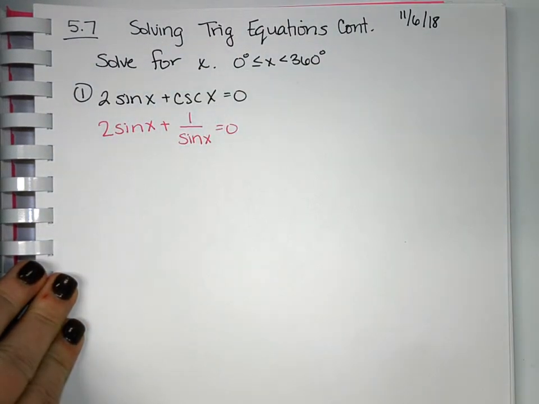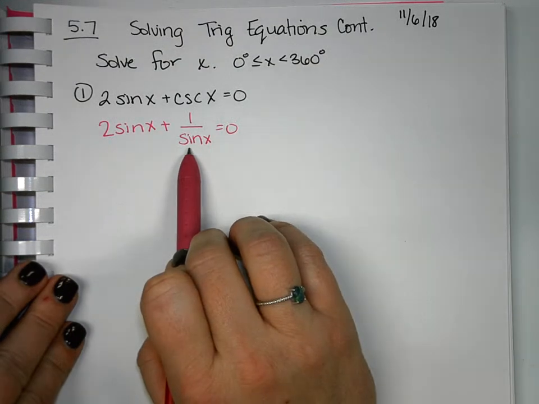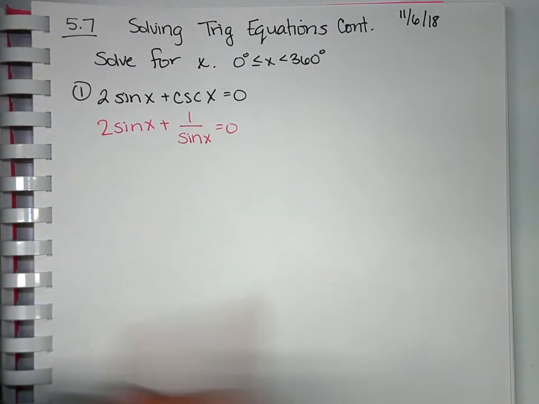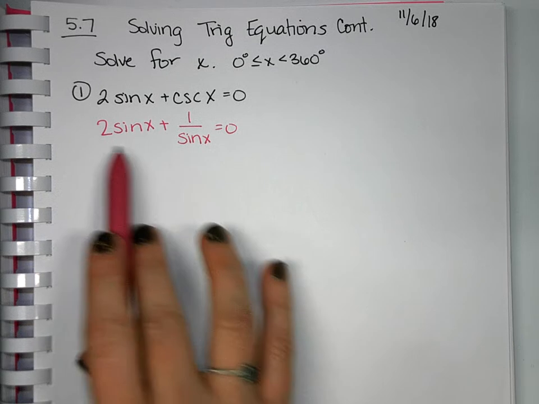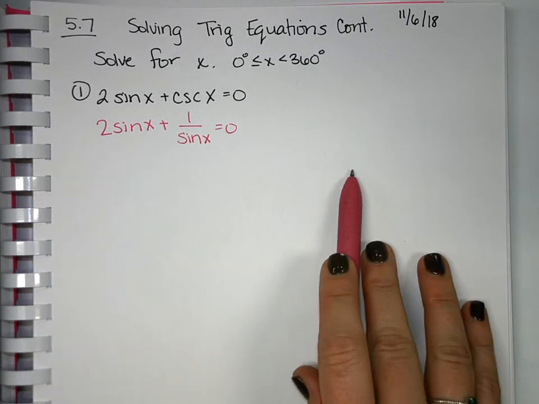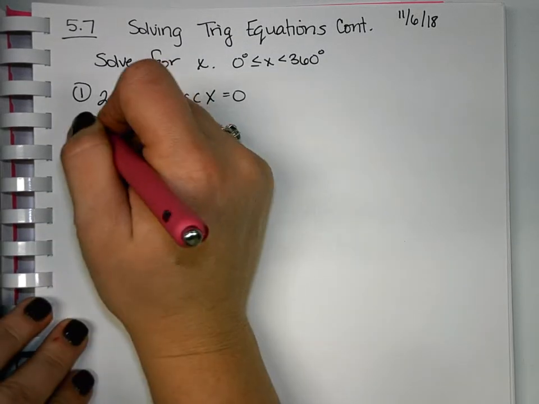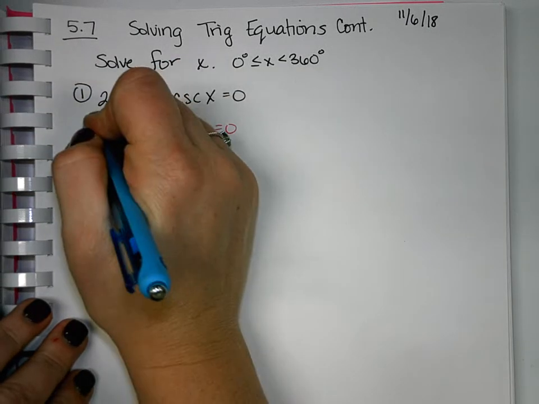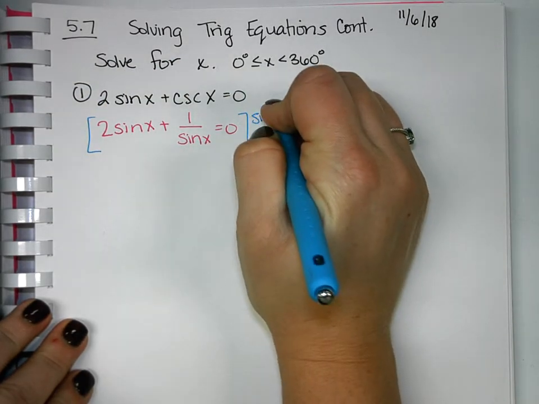So now I want to think, how can I combine my sine x's? I have a fraction here, so I can either get a common denominator and add the fractions on the left, or I can multiply the entire equation by the common denominator to get rid of the denominator. I'm going to multiply everything in the equation by sine x.